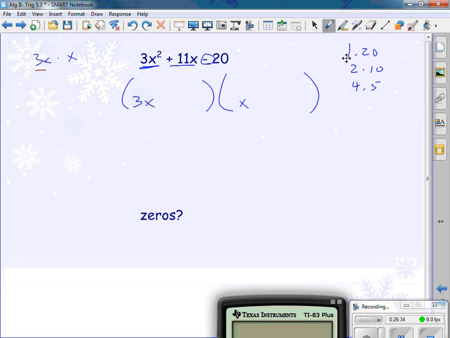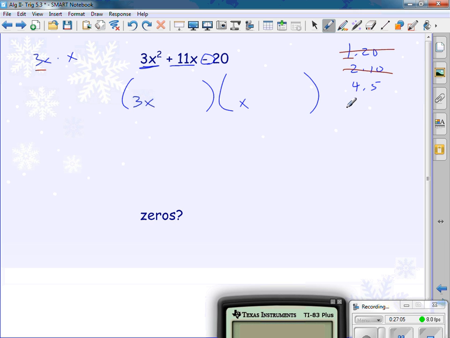So 3x times 1 is 3x. x times 20 is 20x. Yeah, 23x is too big. That 20 is probably going to be too big in general. 2 times 3 is 6, 1 times I got 16. 10 times 3 is 30. That's too big. Now I know it has to be a 4 and a 5.